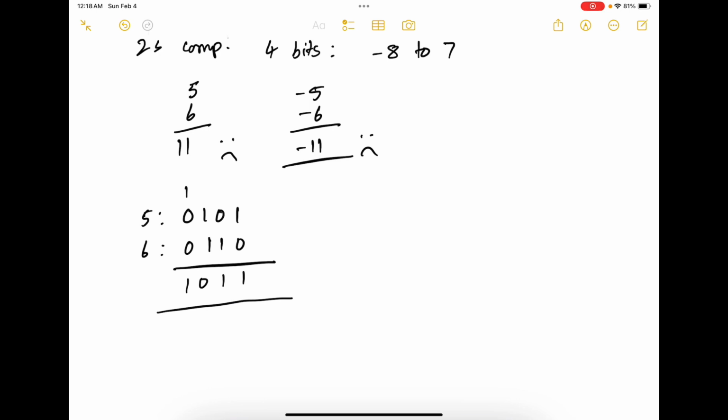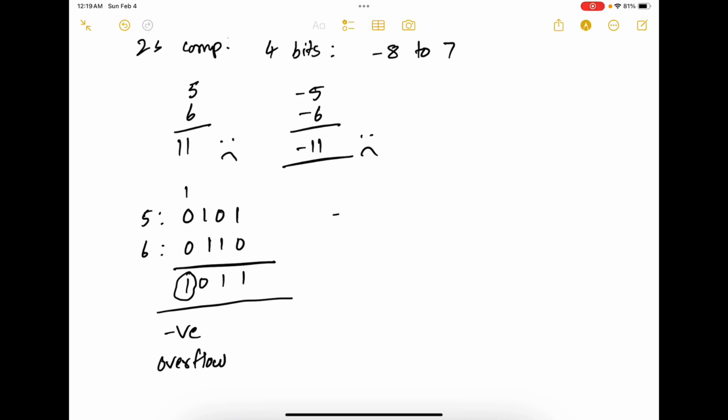And when you get the answer, which is 1011, you can see that since the MSB is a 1, it is a negative number. But how is it possible? You're taking two positive numbers, positive 5 and positive 6, you're adding them up and you're getting a negative number. So this is an overflow. We call this an overflow.